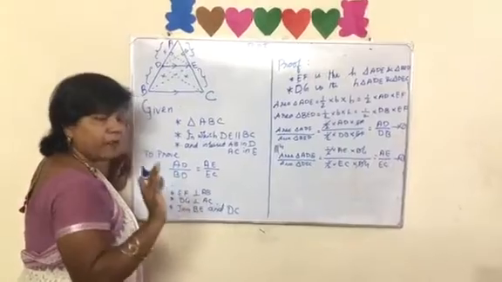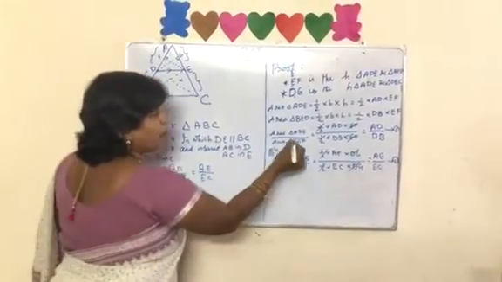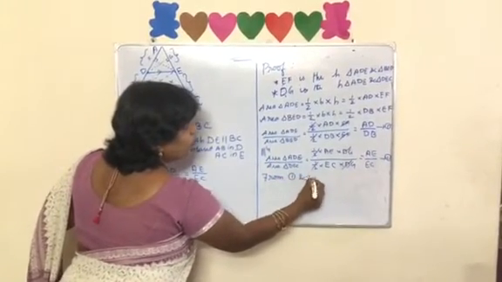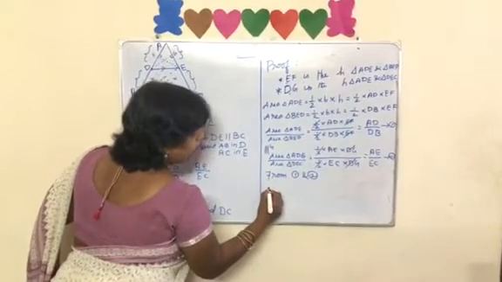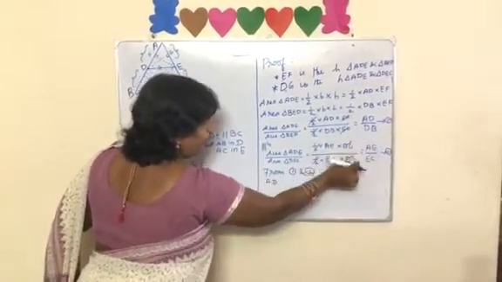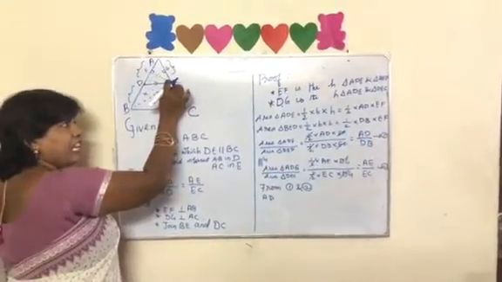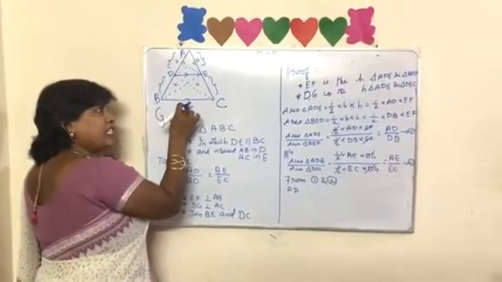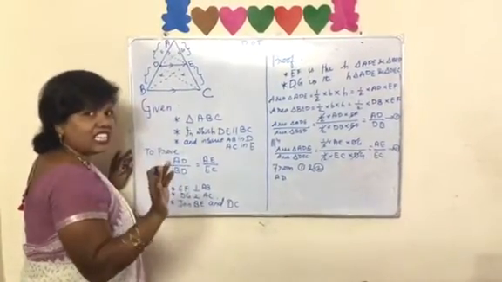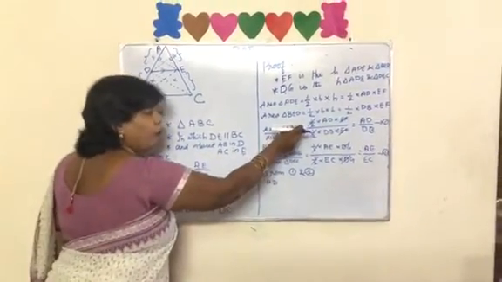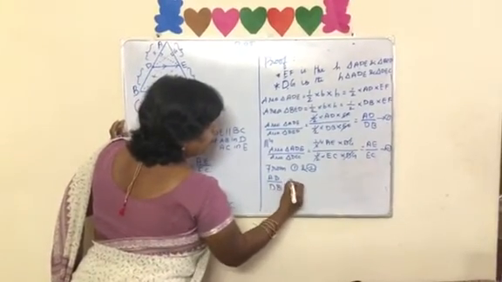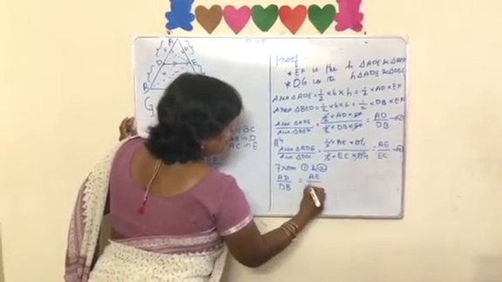Why are these two equal? DE is the same base, and they lie between the parallels DE and BC. So the areas are equal. If they are equal, we can equate 1 and 2 and get the answer: AD by DB equal to AE by EC.